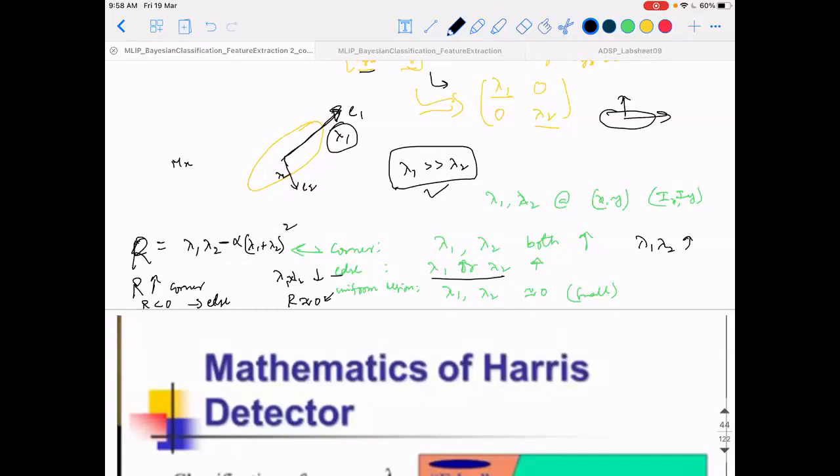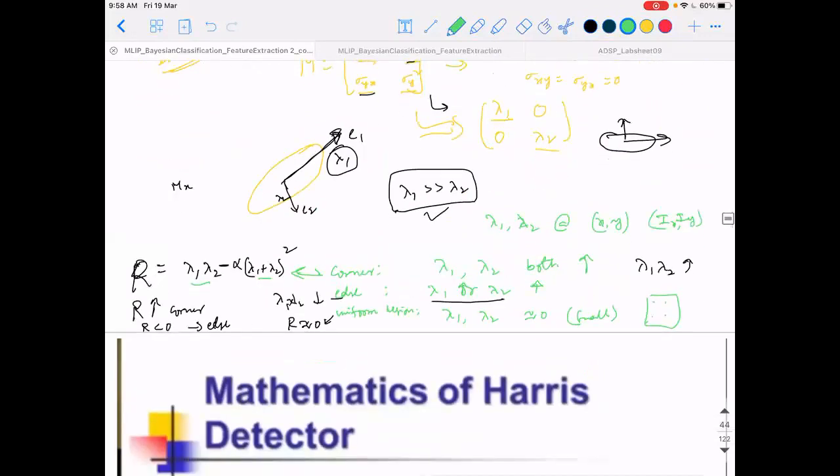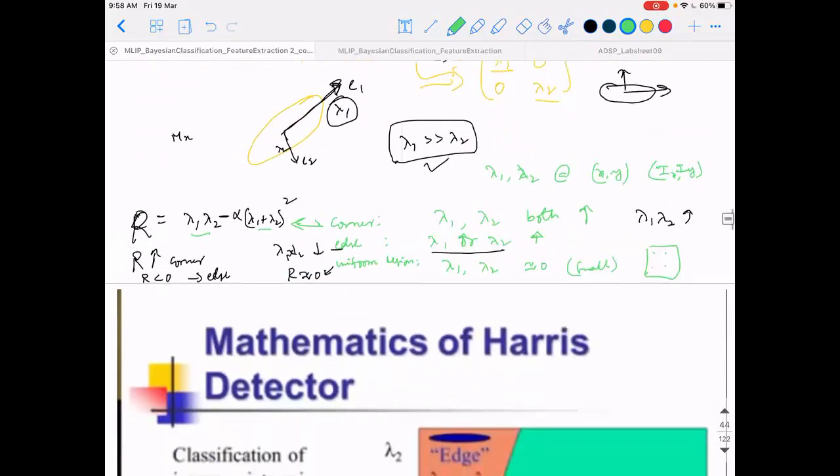What is the importance of this? Now you need not even compute lambda 1 and lambda 2, because to compute them at every point you need to solve a two-dimensional matrix, and finding eigenvalues and eigenvectors is not an easy task. It requires reasonable computation. Whereas this R can be rewritten in terms of matrix elements directly.